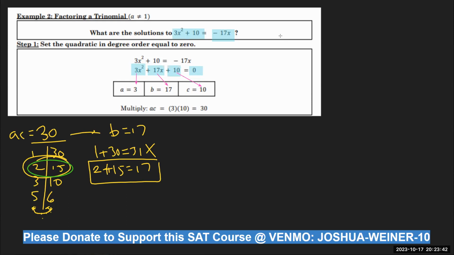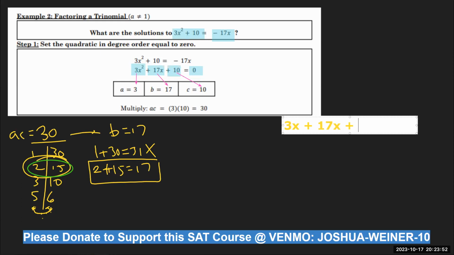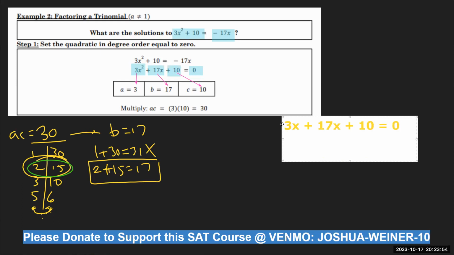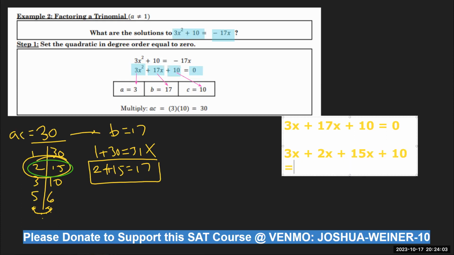The way this method works is, we'll start with 3x squared plus 17x plus 10 equals 0. And we're going to rewrite it as 3x squared plus 2x plus 15x plus 10 equals 0.